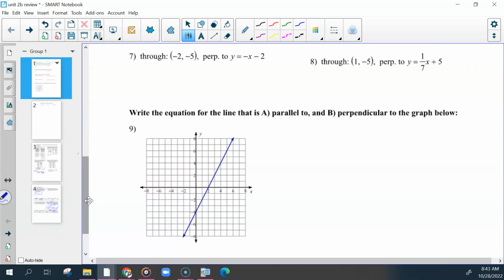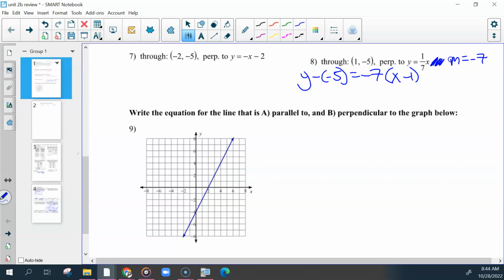For 8, you need a slope that's perpendicular. So you would flip it and make it negative. And then use this slope, ignore this y-intercept, and this point in your point slope formula. If you forget that formula, it's on the vocab wall.